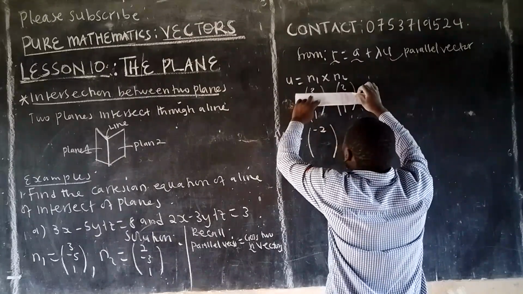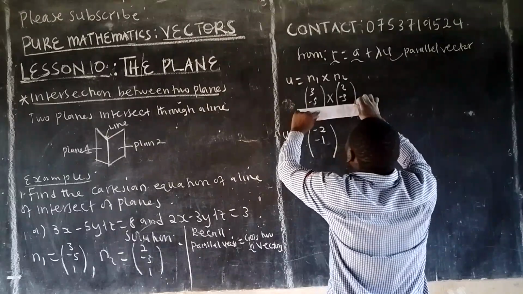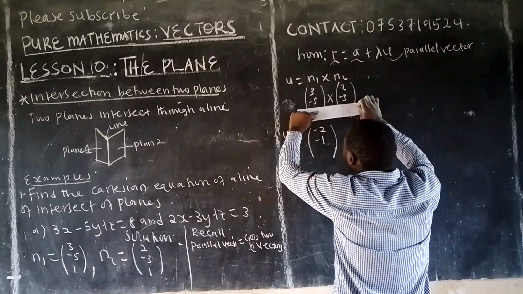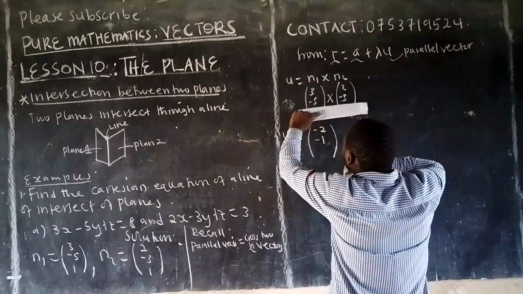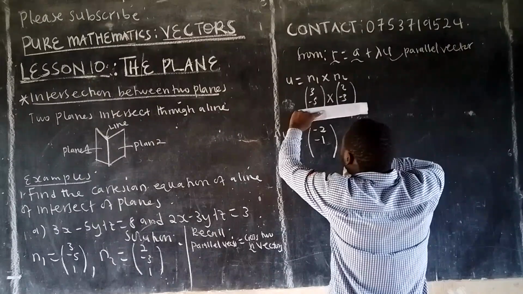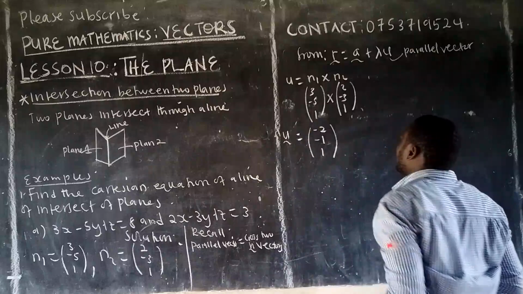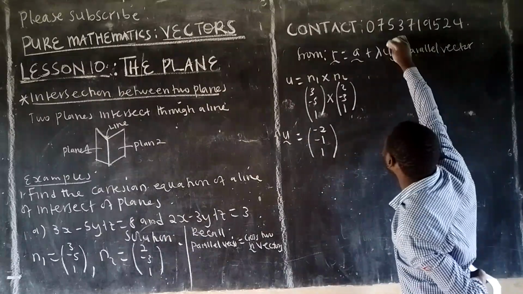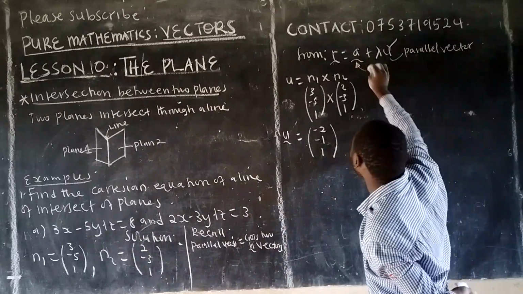Cover up this, there's a definite negative there, it will be minus 2, 1 will be negative 1. Cover up here. Please, if you don't know how to cross, go to lesson 2 and watch it very well. So here we have negative 9 plus 10 will give you a positive 1. So we have our mu, which is there. So we have already gotten this. Now who is missing? The point on a line, the A point on a line.